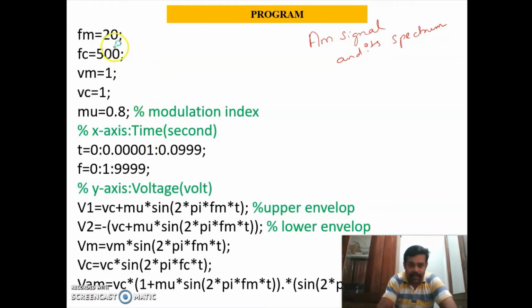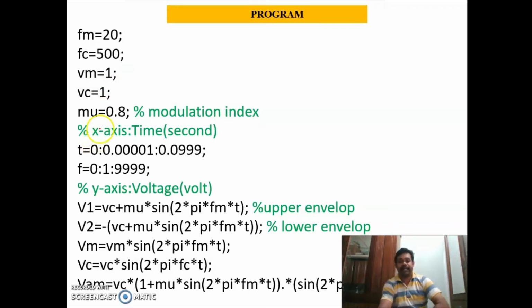Here we are taking the frequency of the message signal as 20, the frequency of the carrier signal as 500, the amplitude of the message signal as 1 volt, the amplitude of the carrier signal as 1 volt, and the modulation index as 0.8.